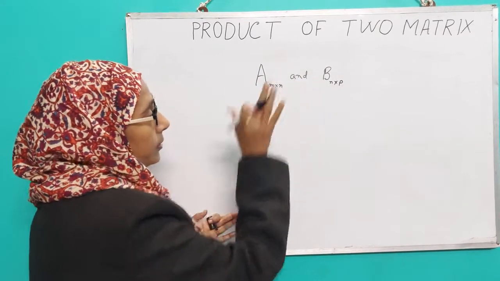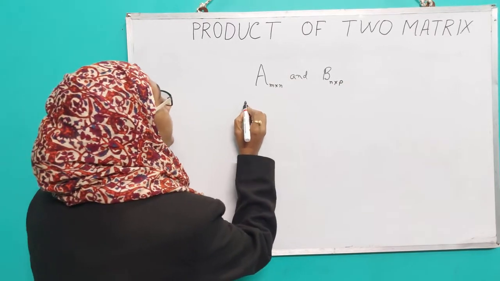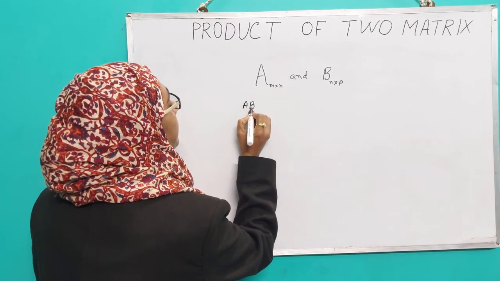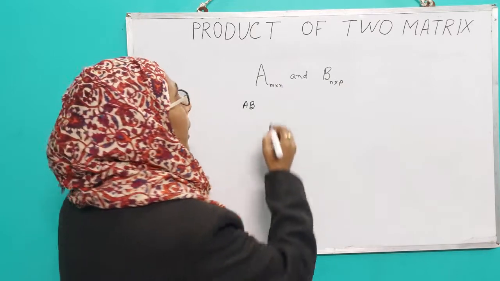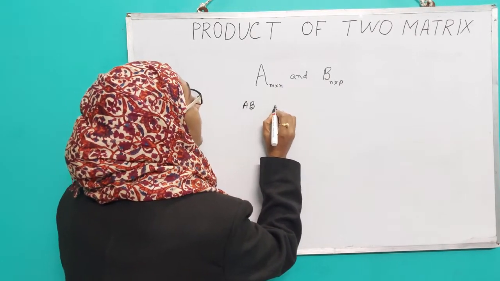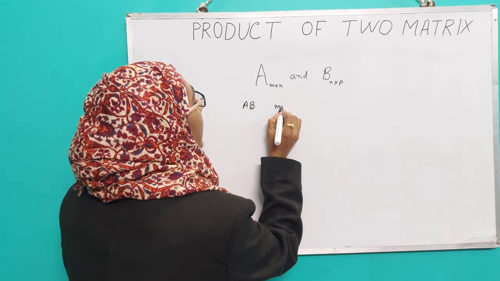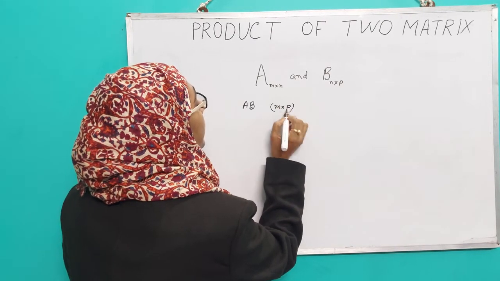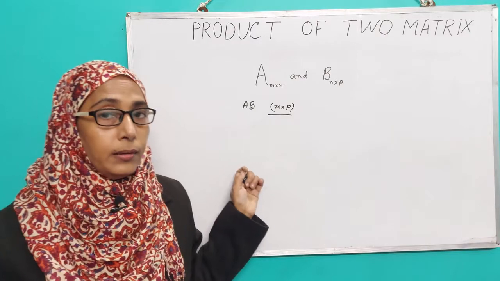Then their product AB will be defined and the order of AB will be M by P. Is it clear?